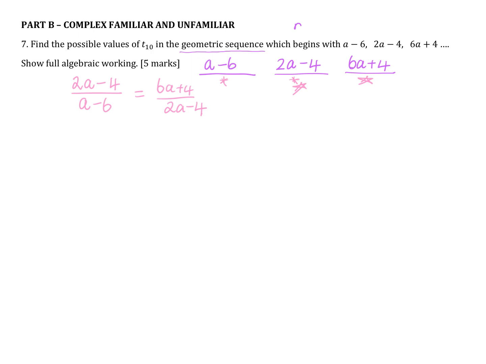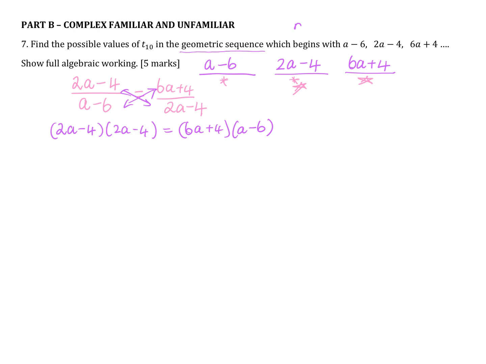Okay, when we've got a fraction equals a fraction, we cross multiply. That times that equals that times that. So we've got 2a minus 4 times 2a minus 4 equals 6a plus 4 times a minus 6. Now, at this point, we started to see all sorts of nonsense.